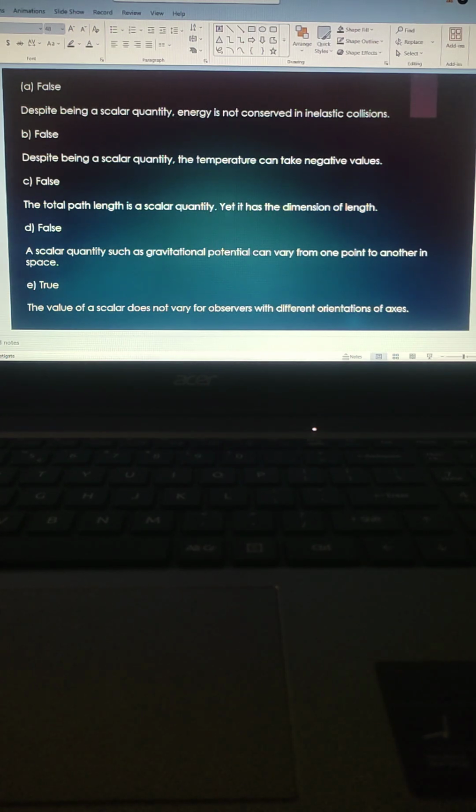The total path length is a scalar quantity, yet it has the dimension of length. Fourth one is also false. A scalar quantity such as gravitational potential can vary from one point to another in space. And finally, E is true, because the value of a scalar quantity does not vary for observers with different orientations of axes.